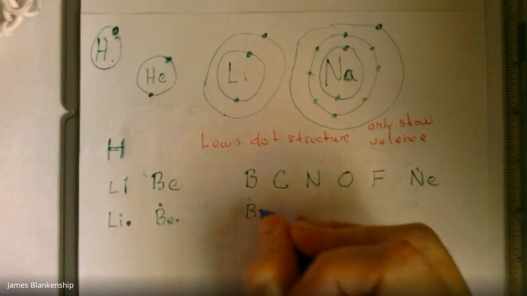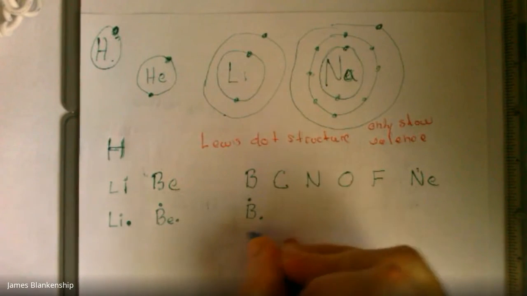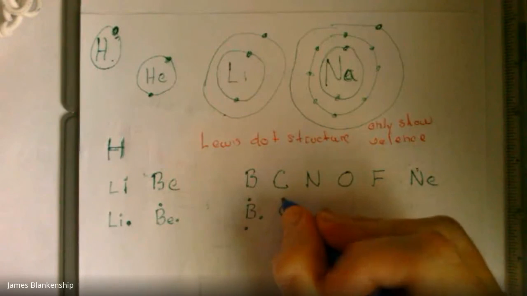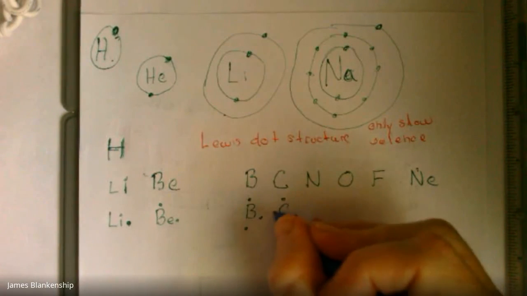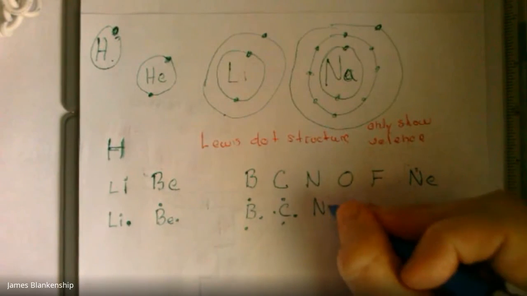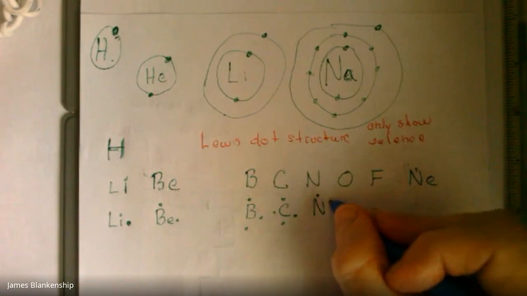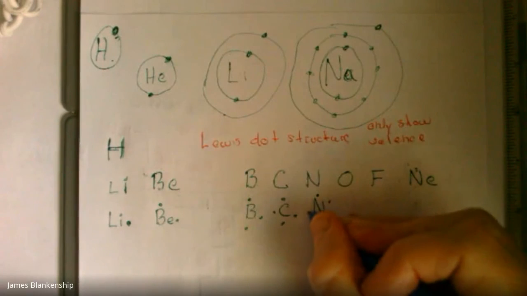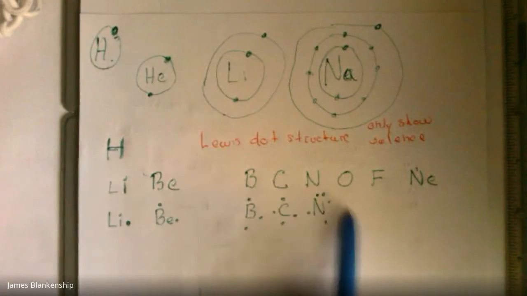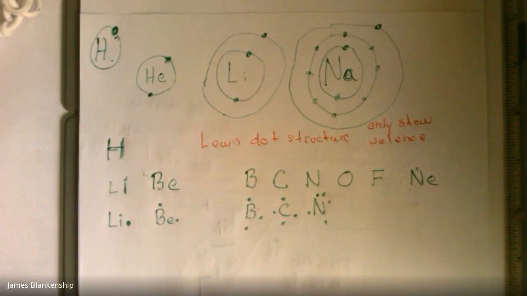Now boron would have 1, 2, 3. Carbon would have 1, 2, 3, 4. Nitrogen would have 5. So I'd start 1, 2, 3, 4. Now you have to sit next to that other person on the bus. Nitrogen has 5.